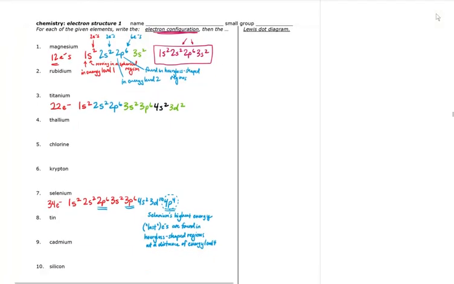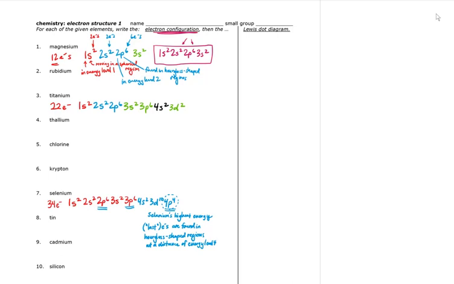So hopefully by now you've done all the electron configurations on this page and all the orbital diagrams on the next page. All I'm going to do is go through and do the Lewis dot diagrams to accompany the elements that we did in the previous video examples for both electron configurations and orbital diagrams. And hopefully you'll have a sense of that then. And we'll maybe throw in one more so you can see what it looks like when we do get to 8 valence electrons.